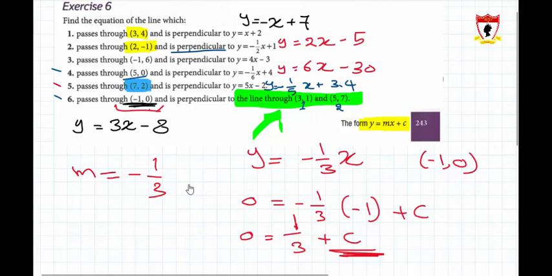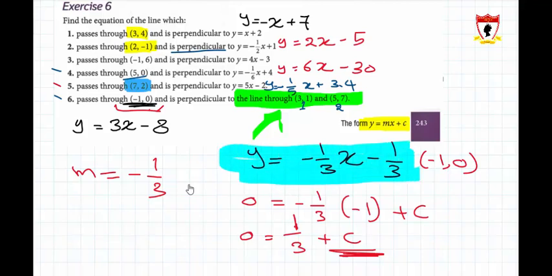The equation is y equals negative 1 over 3x minus 1 over 3, where negative 1 over 3 is the value of c. Now we got everything right. This equation is perpendicular on this one, and it passes through negative 1, 0.